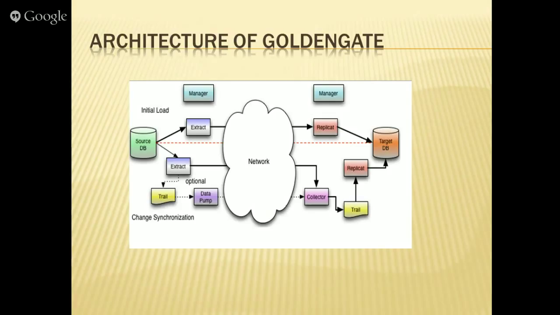So the extract process transfers the changes, assuming data pump is not configured, and in the destination the collector process will receive the changes from the extract across the network, and then the collector writes them to the trail file, and then finally the replicate will be applying the changes from the trail file to the target database.